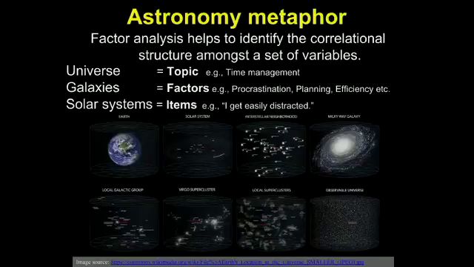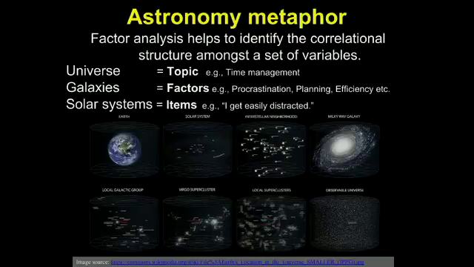So in this sense, I'm saying the universe is like, say, time management from the survey, where you've got 18 questions, or 18 planets, or whatever the smallest unit of analysis is. Maybe it makes sense that we can group up those planets that occur together in the same solar system. We could group them together.